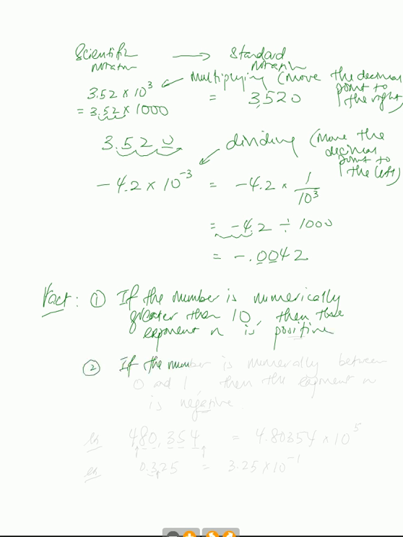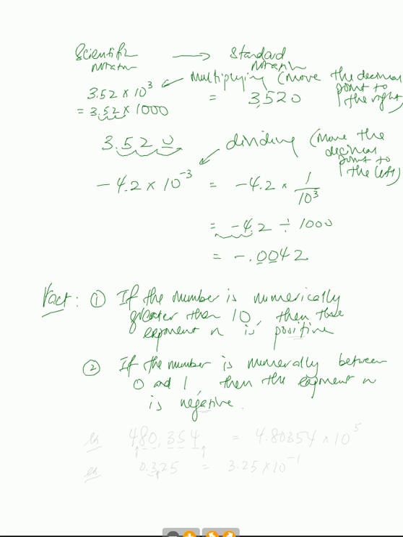If the number is numerically between 0 and 1, then the exponent n is going to be negative. You can use that to help you remember as well.